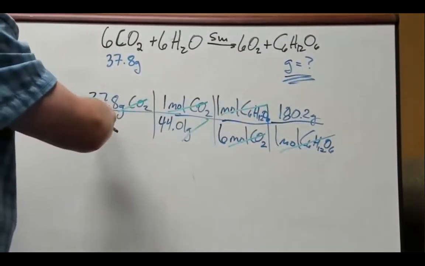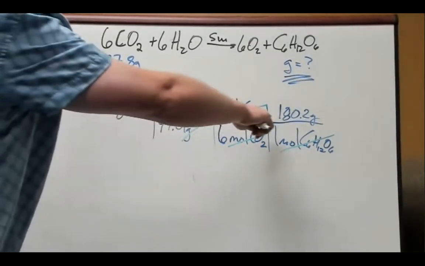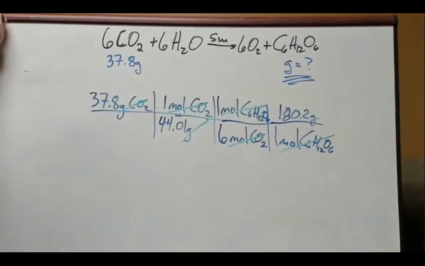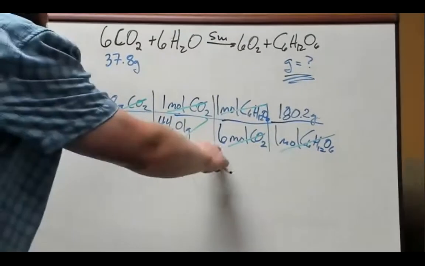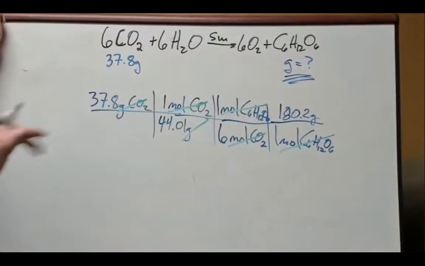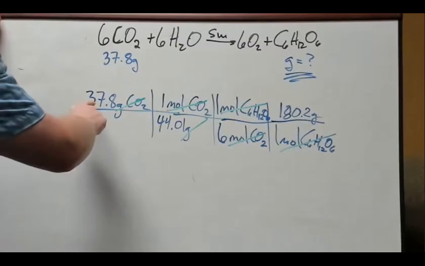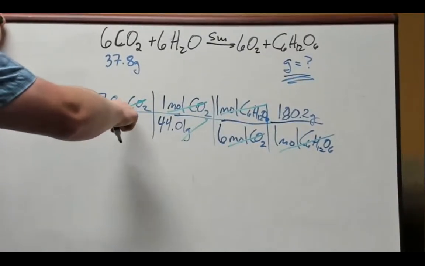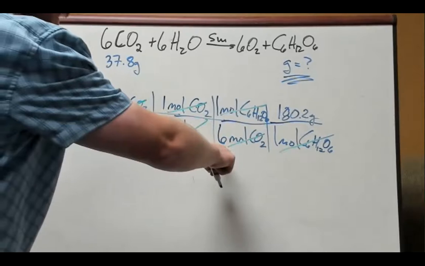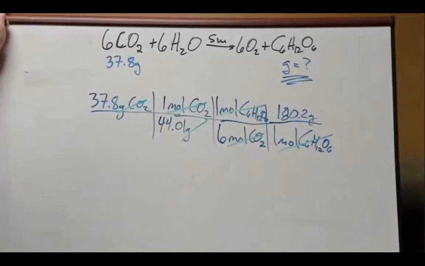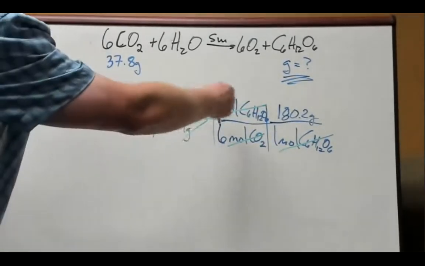So what you could do is take 37.8 times 180.2 divided by 44 divided by 6, or you can multiply these two, multiply those two, divide them together. You can solve it however you want. Usually what I'll do is 37.8 divided by 44.01 divided by 6 multiplied by 180.2, just so I can go step by step.